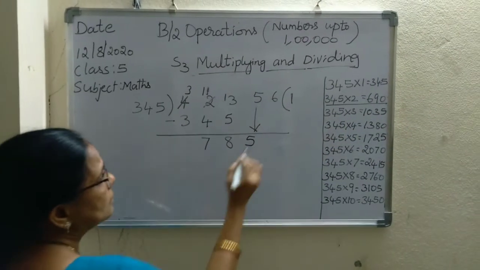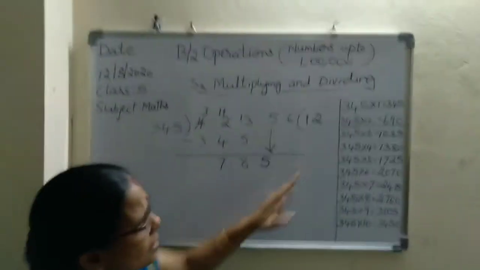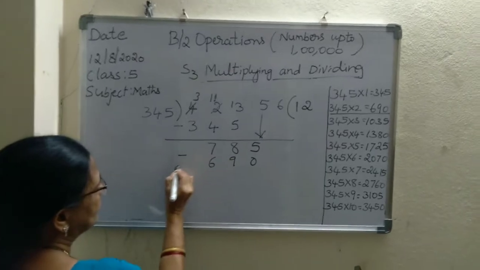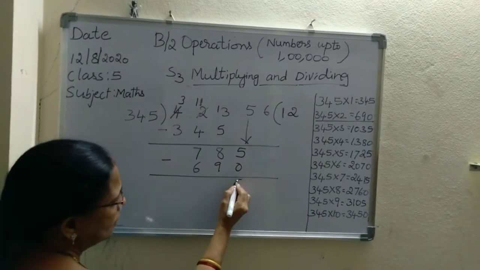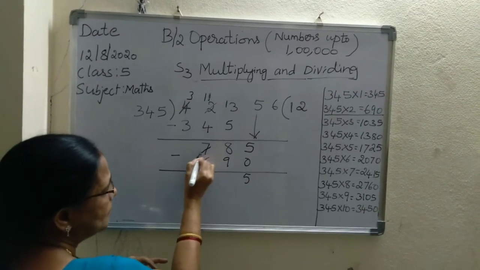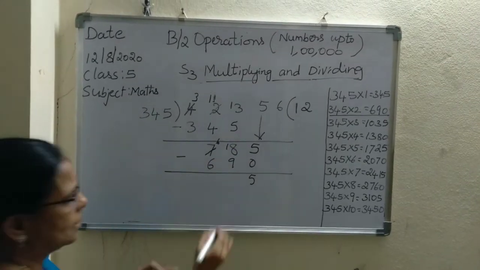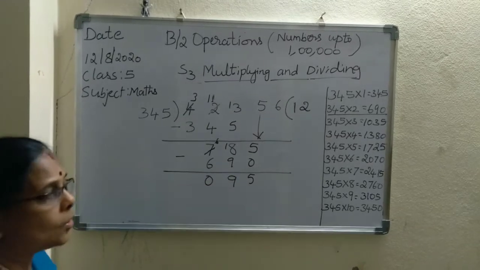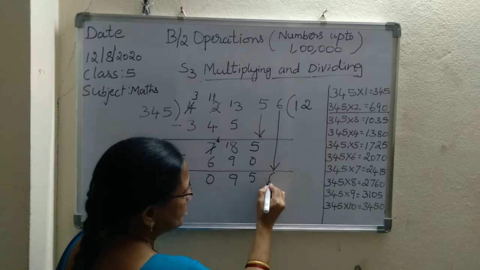So 345 twos are 690. 5 minus 0 is 5. 8 minus 9, we can't subtract. 18 minus 9 is 9. 6 minus 6 is 0. Again bring down 6.